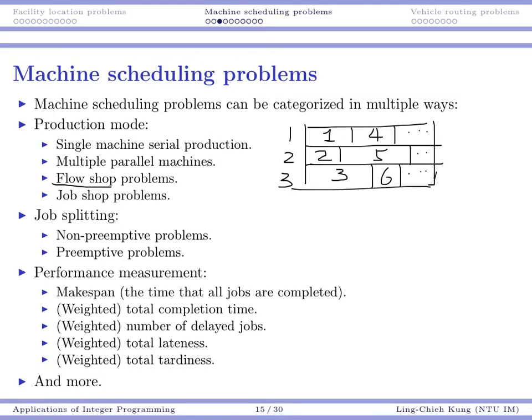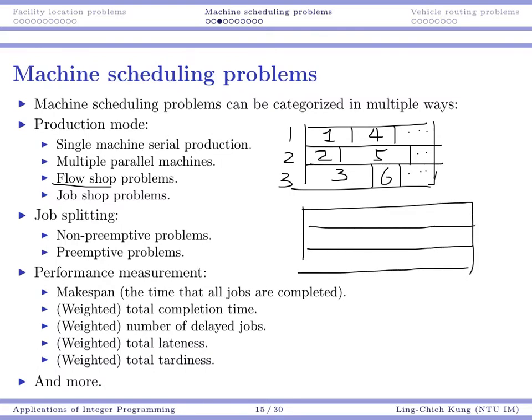A very typical assembly line fits this situation. All those assembly lines in a factory are flow shop problems because there are multiple stages. So when you try to graphically depict them, it would be something like this. Suppose these are machines 1, 2, 3 for stages 1, 2, 3.